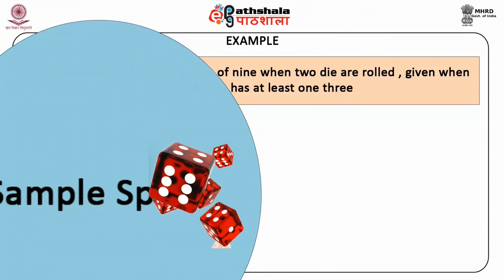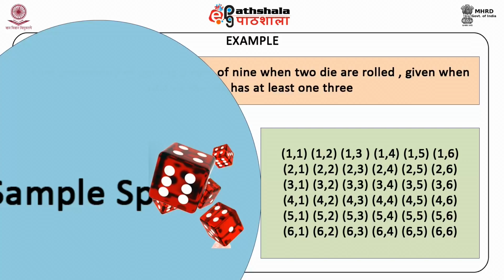The total sample space consists of 36 possible outcomes by rolling two dice, which are 1 1, 1 2, 1 3, 1 4, 1 5, 1 6, and similarly for 2: 2 1, 2 2, 2 3, 2 4, 2 5, 2 6, and for 3, 4, and 5 in a similar fashion, and finally for 6 as 6 1, 6 2, 6 3, 6 4, 6 5, and 6 6.